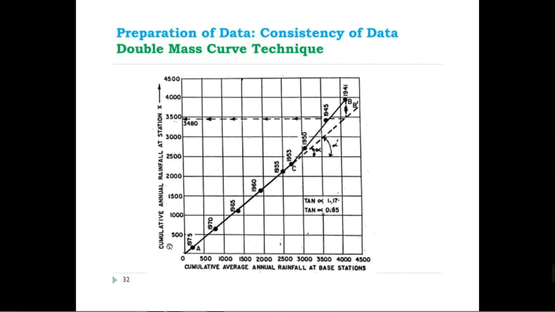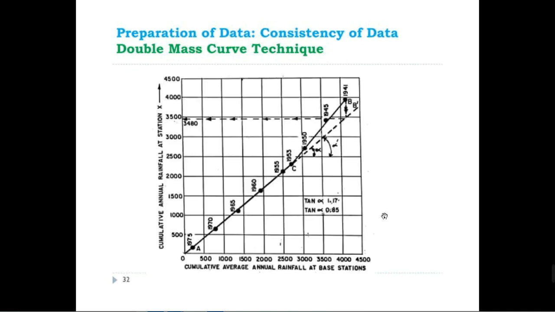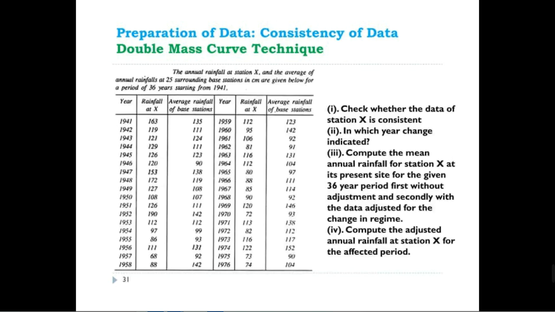This is the cumulative rainfall at X. This is the cumulative average rainfall at the base stations. Cumulative means you have to add these: 163 plus 160, 119, and so on.